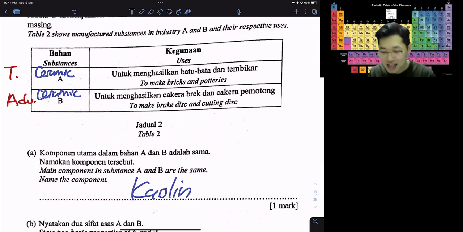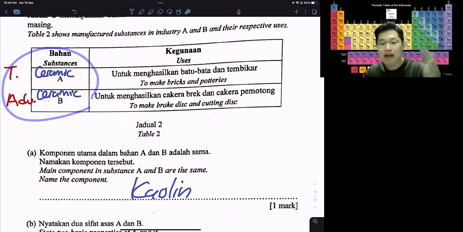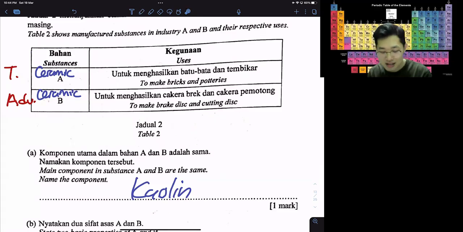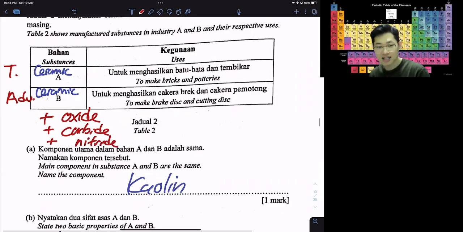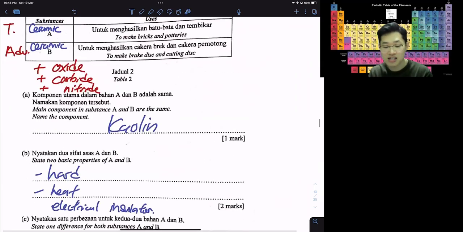The similarity is they both use kaolin. But the difference is advanced ceramic, they add what? Oxide, very good. Carbide, yes, very good. And also nitride. This is also one of the differences that you can mention.